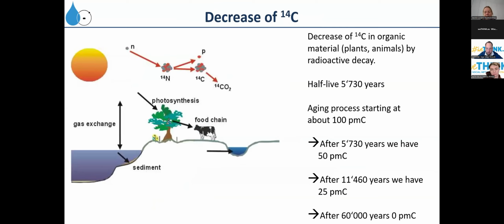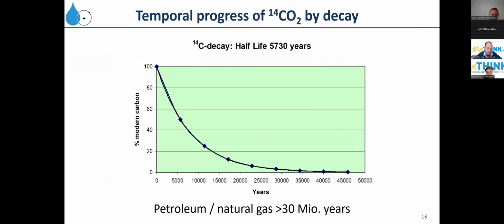So if you die and we bury your body and we dig it out after 5,730 years, we will measure only 50% modern carbon. If we wait another 5,730 years and there are still some bones left, we will measure 25% modern carbon. After 60,000 years, we won't measure any carbon-14 in your bones.